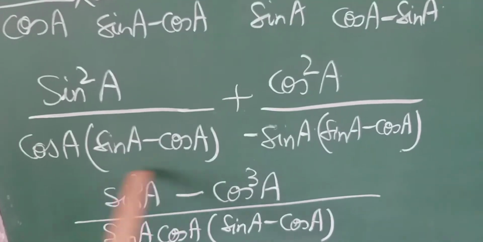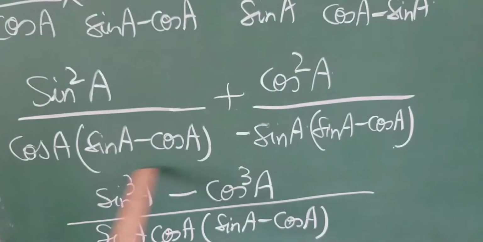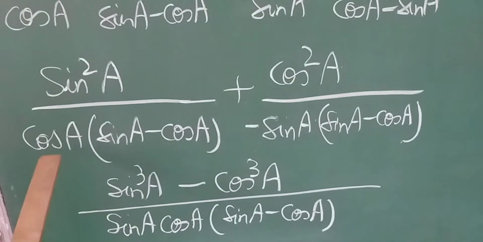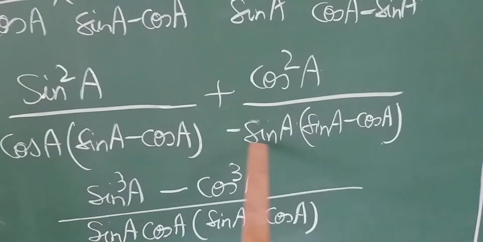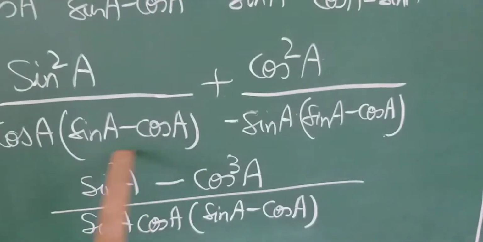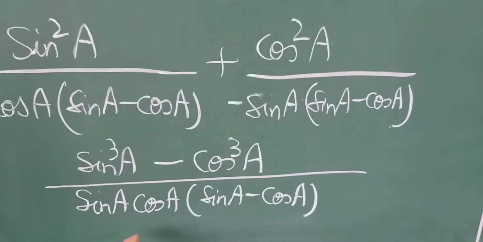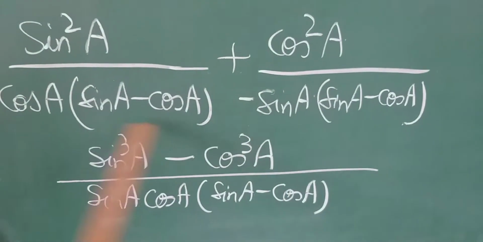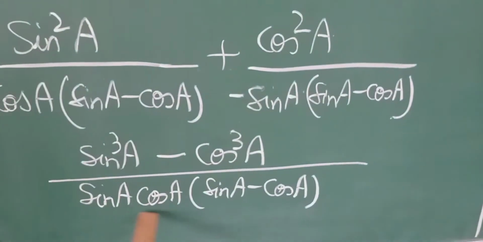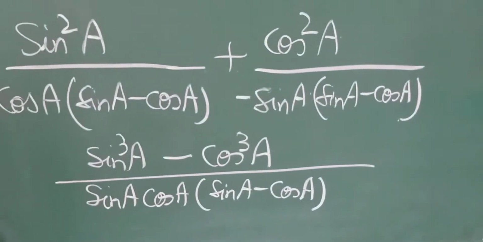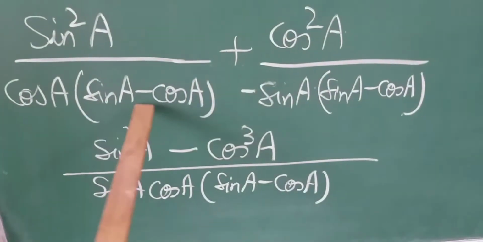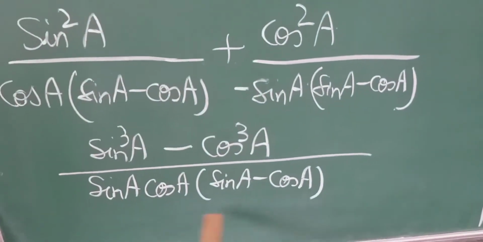Now students, we can take LCM again. So you can see sin A minus cos A, sin A minus cos A, this part is same. So sin A minus cos A as it is. And here we can write cos A sin A. So cos A, sin A minus cos A will be cancelled.